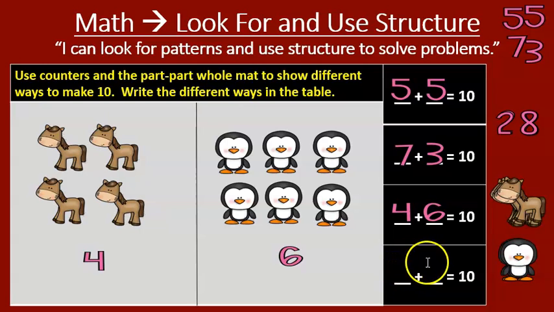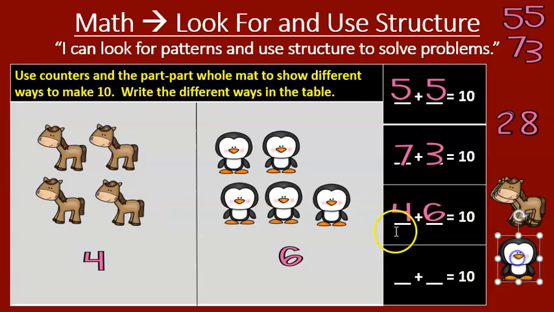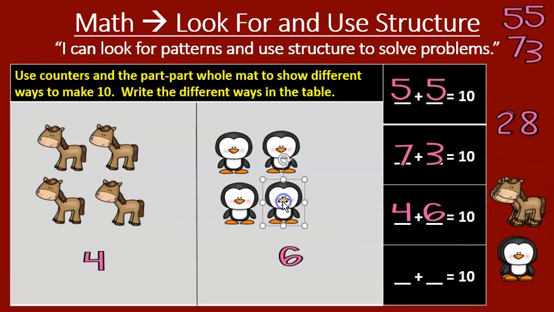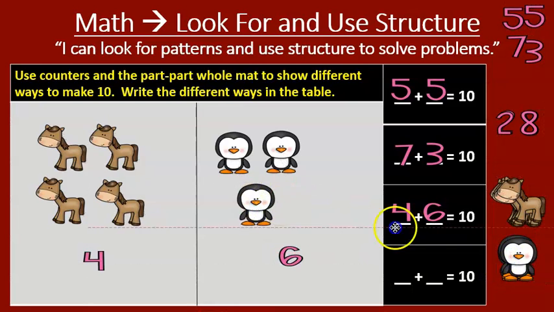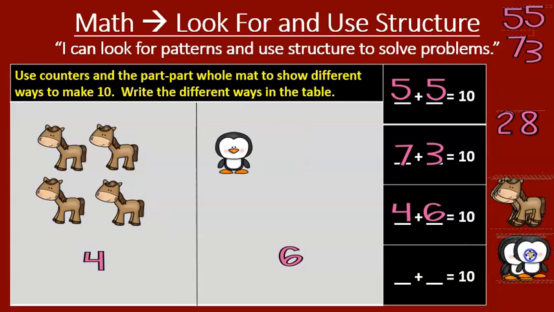We gotta get 2 numbers to equal to 10. Now, let's put our penguins and our horses back really quick because we're gonna use them again. Now, I sure hope you see a pattern here now, okay? Really, what we're doing, boys and girls, okay?